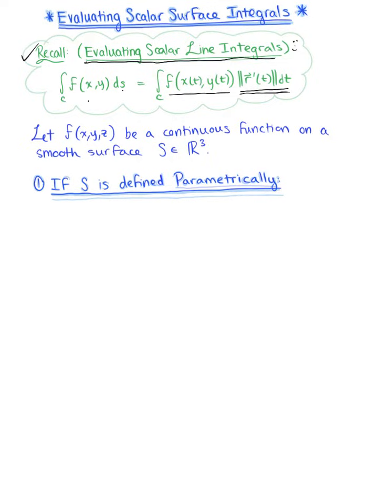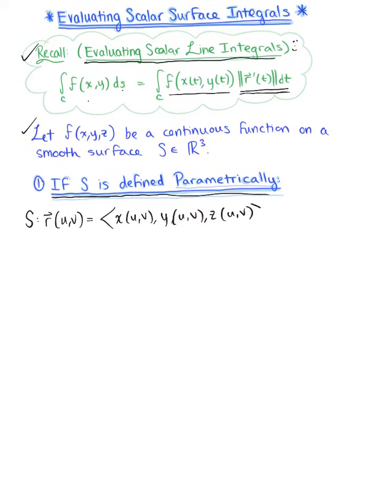So here we go. To begin, we want to let f of x, y, z be a continuous function on a smooth surface S in space. And we want to think to ourselves, okay, well, what if this surface S is defined parametrically? So we know that we can then redefine this surface as the parametric representation vector r of u, v with components x of u, v, y of u, v, and z of u, v.